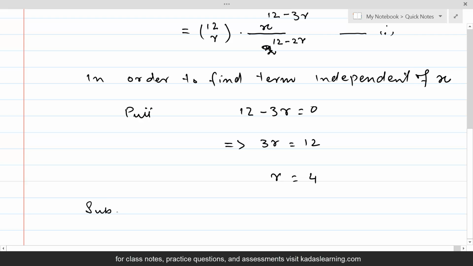Substituting r equal to 4 in equation 1, we get 12C4 times x^(12−3×4) divided by 2^(12−8).